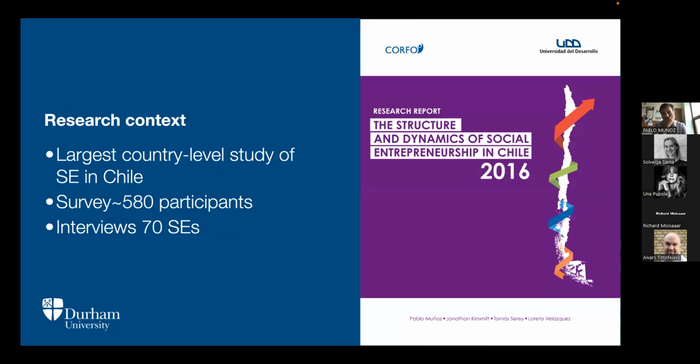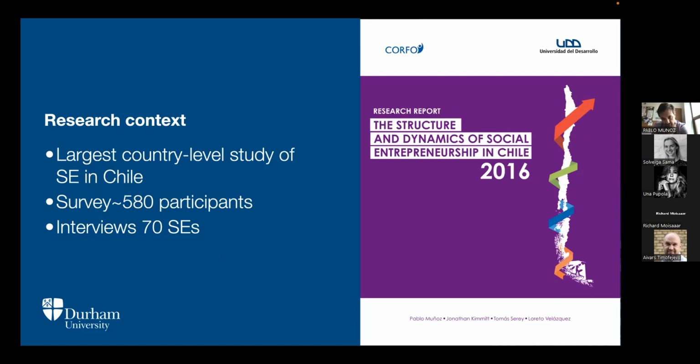So to give you a sense of where this is all coming from, in 2016 we ran the largest study of social entrepreneurship in Chile, funded by the government, where we surveyed almost 600 people across the country, and then we did interviews with 17 of them.